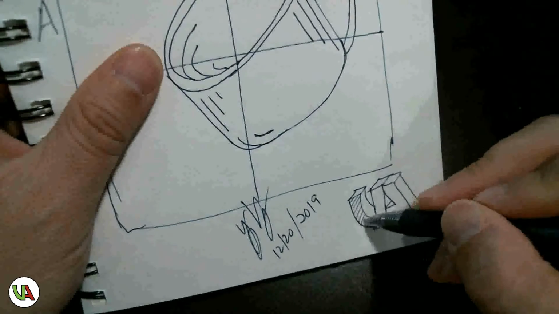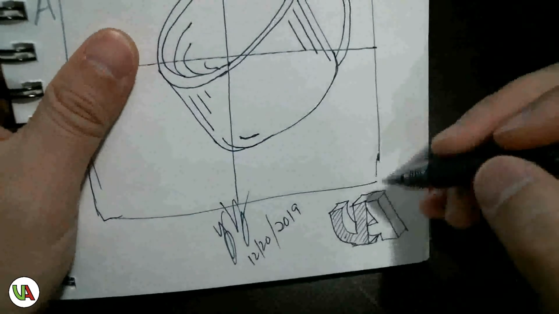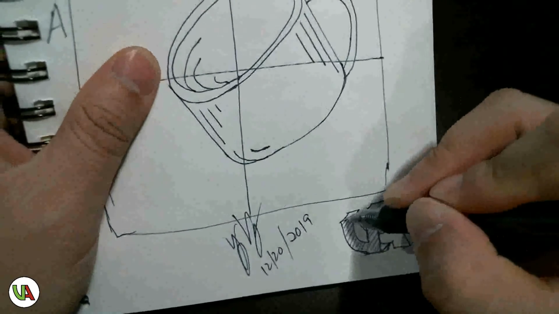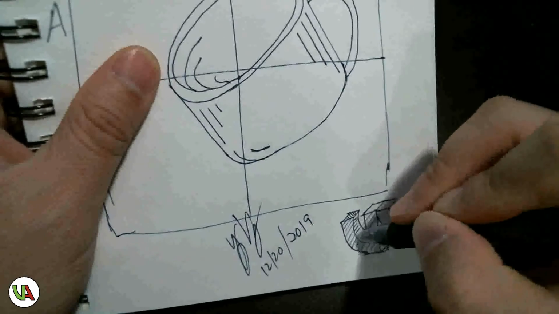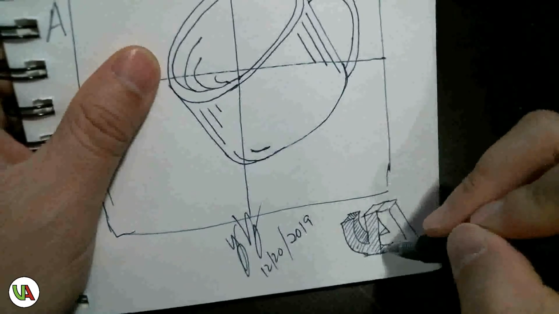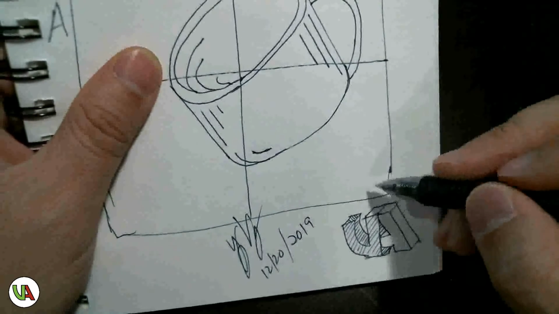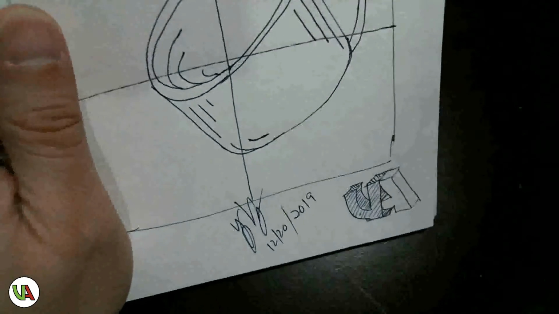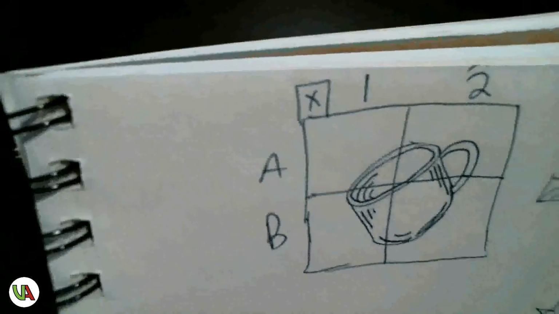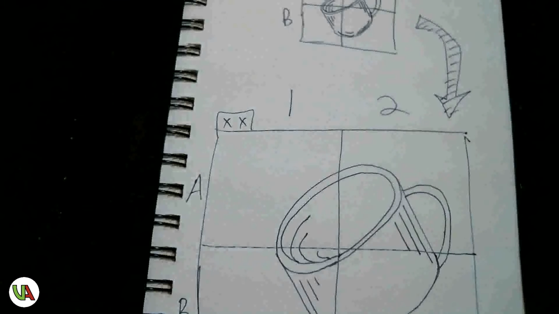And then shade it in a little bit, just to give it some texture. There you go. Really cool, hey? So use that technique. You can do that for any kind of pictures and drawings.